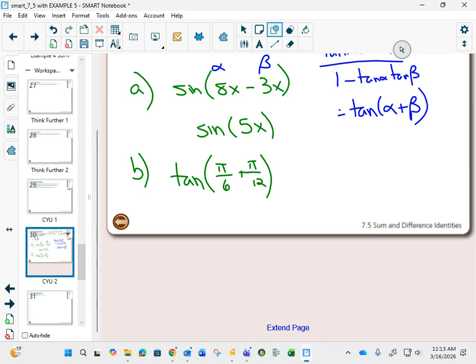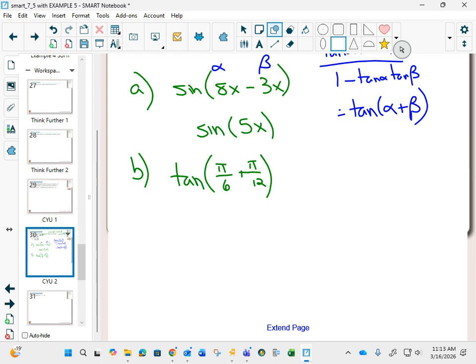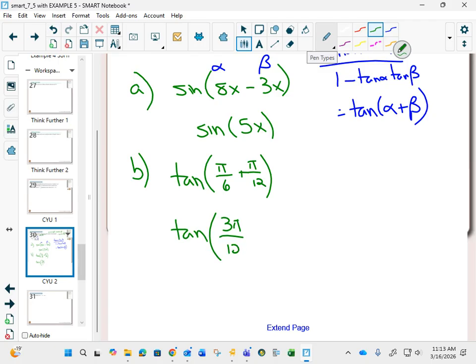How do we add fractions? We get a common denominator. So this will be 2 pi over 12 plus pi over 12. That'll come out to 3 pi over 12. And if you reduce that, not only is it reducible, it's on your pie plate.